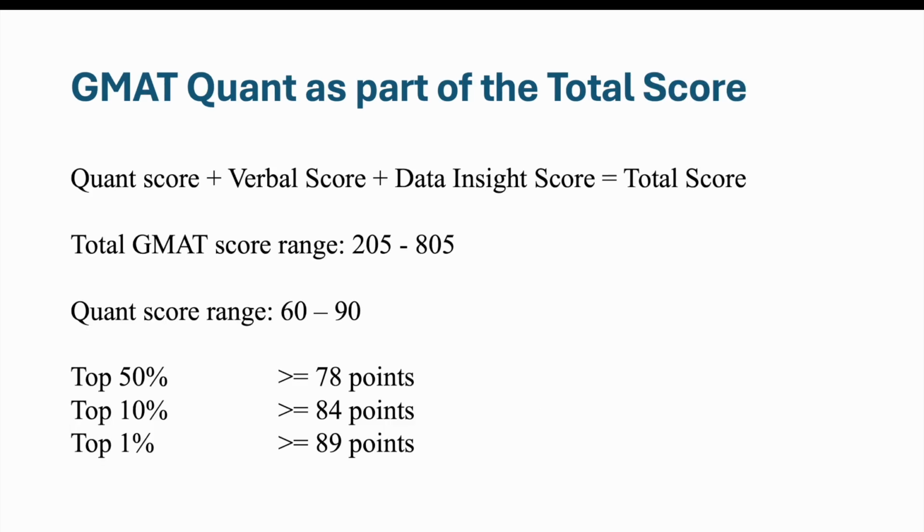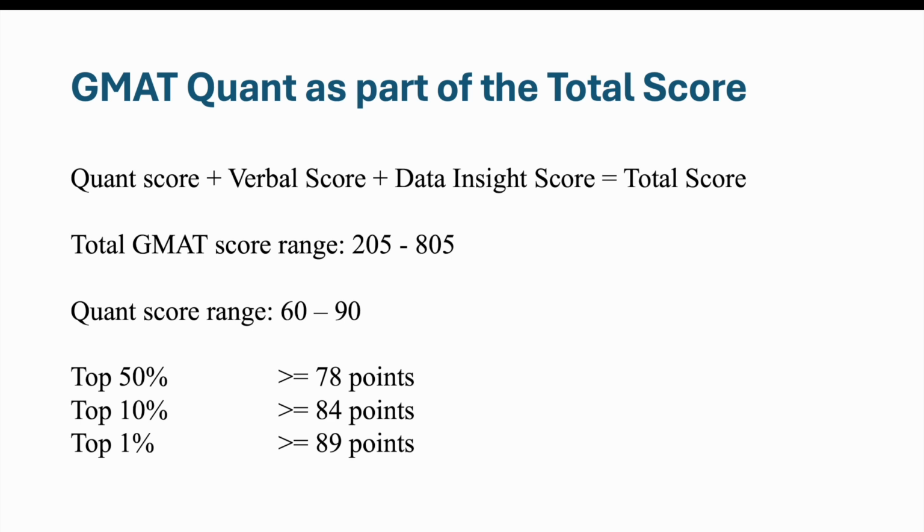Now let's jump into a bit more about how the quant is part of the total exam. As I said, there are three parts and each are weighted equally to give you an overall score. In the quant part, you can achieve a score between 60 and 90.